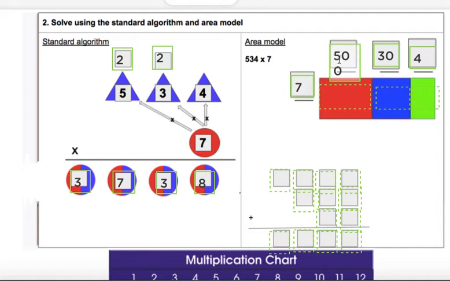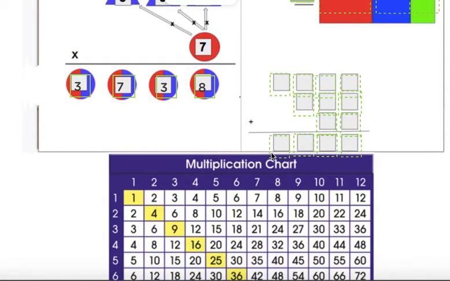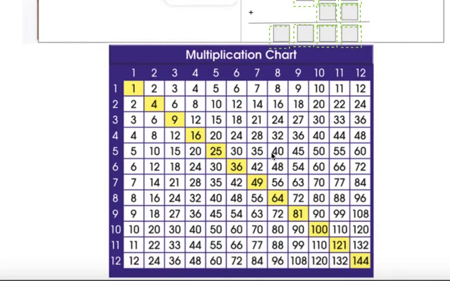Now it's time for me to multiply. 7 times 5 hundreds. What's 7 times 5 hundreds? How many hundreds is that? Let's start with 7 times 5. Here's my 7. Let's count down 5 together. 1, 2, 3, 4, 5.